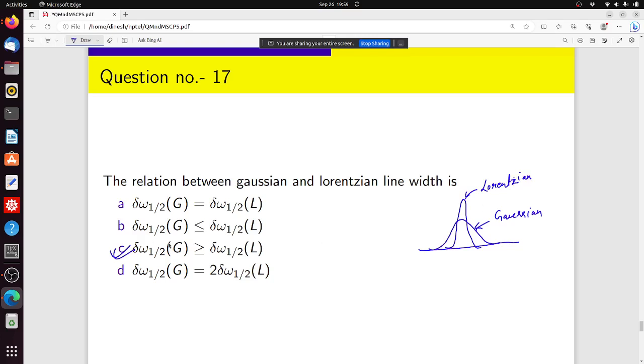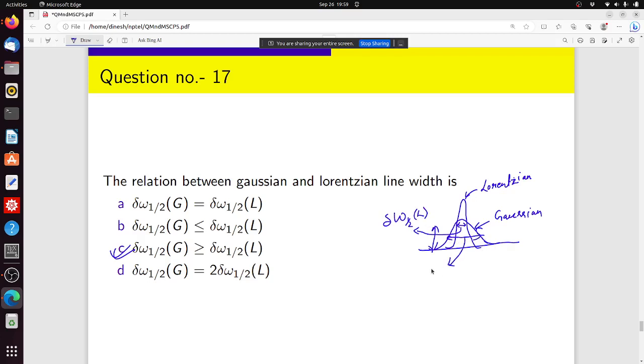Okay, so what is line width? The line width is the width of the distribution at half intensity. So what is the half of this distribution at this point? This is the line width. If it is Lorentzian, this is omega half Lorentzian, and this is the Gaussian distribution. This half will be somewhere below.